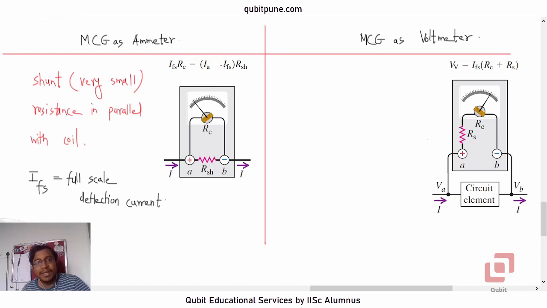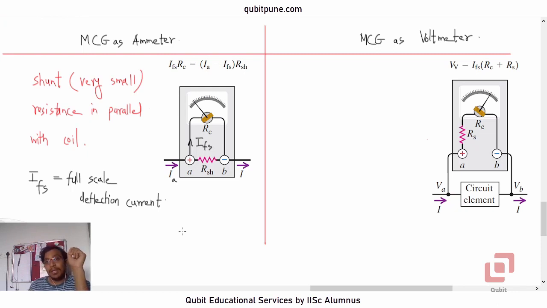I_A, the max current, minus I_FS, the full scale current, represents the current flowing through the AB branch through the shunt into R_SH. Sorry, that is not Ohm's law, it is the junction and loop rule. So I_FS times R equals (I_A minus I_FS) times R_SH. Clear? I_A is the incoming current, yes. So that is the moving coil galvanometer as an ammeter.